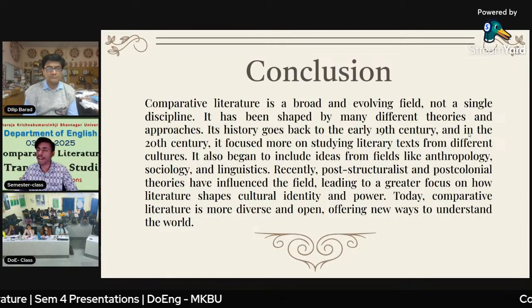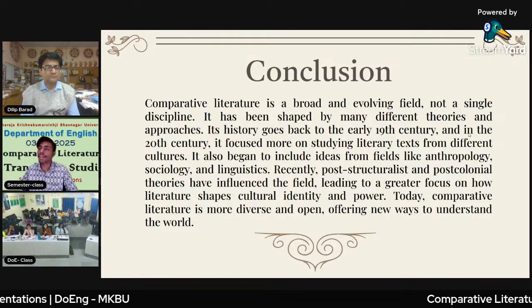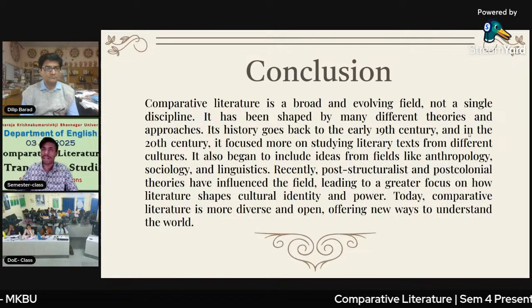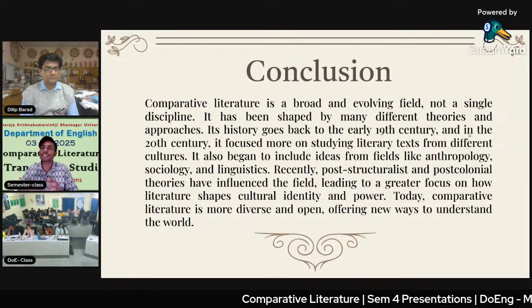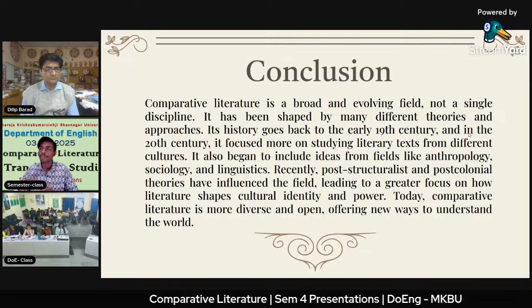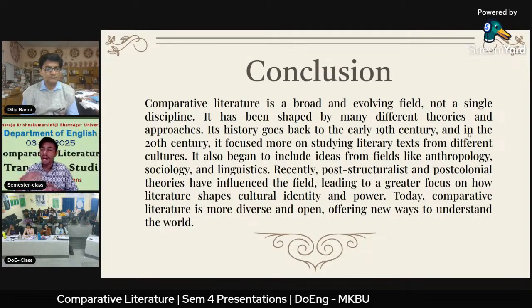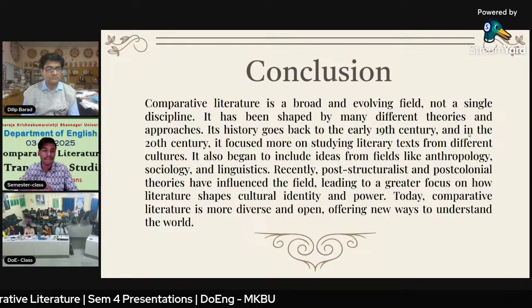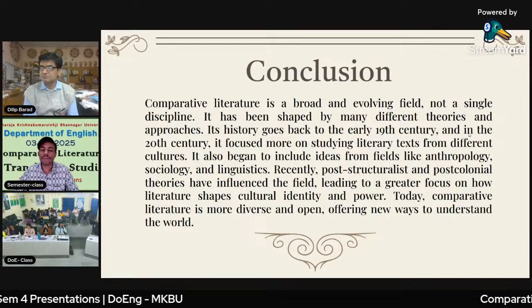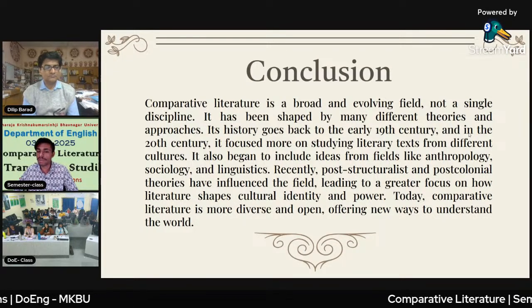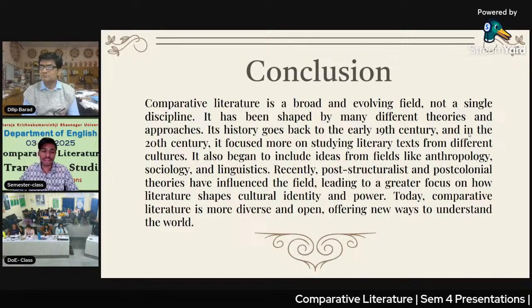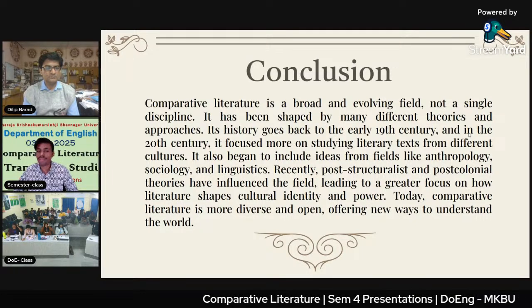As I said, many countries and different cultures are provided, and how they're seen in literature, how they're seen in comparative literature, how they argue and point out some of the things as well. It also began to include ideas from fields like anthropology, sociology, and linguistics.